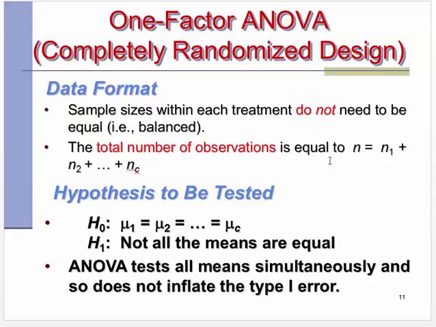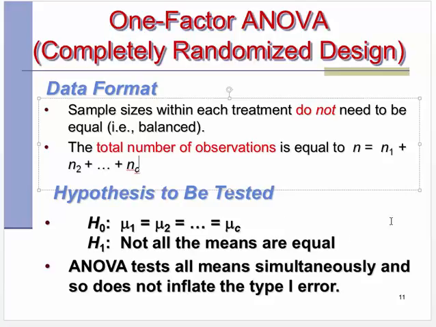In other words, for the first treatment you may have N1 observations, but for the second treatment you can have N2. N1 and N2 do not have to be equal. But the total number of observations, N, equals N1, the number of observations in the first group, plus N2, the number of observations in the second group, and so on all the way to the last group.